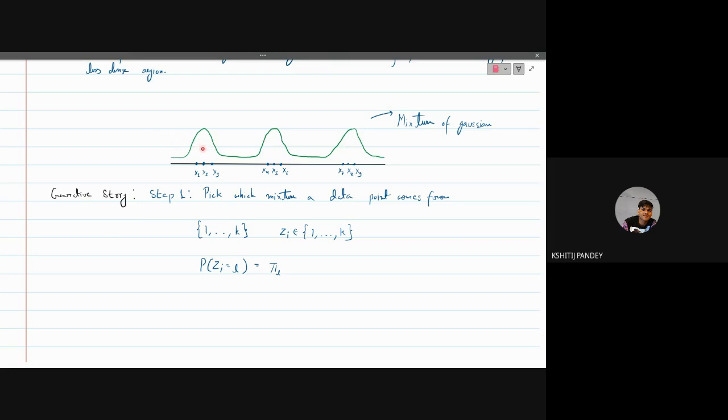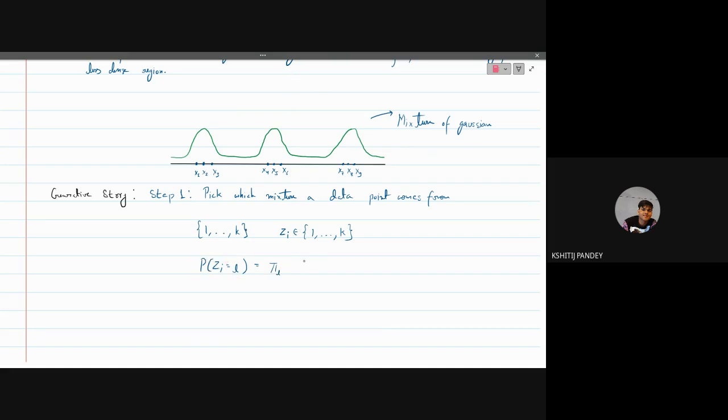Let's say it comes from this mixture with probability 0.5, this mixture with probability 0.25, and this mixture with probability 0.25. That's the meaning of this here.